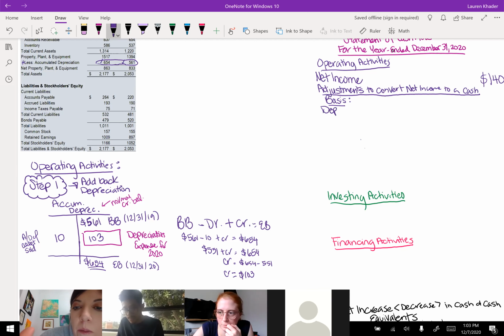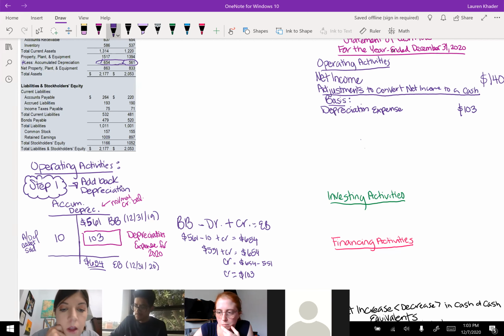I'm just going to go back to my statement of cash flow and write depreciation expense. And I'm going to use the inner column here, 103. And it's a positive amount because we're adding it back.